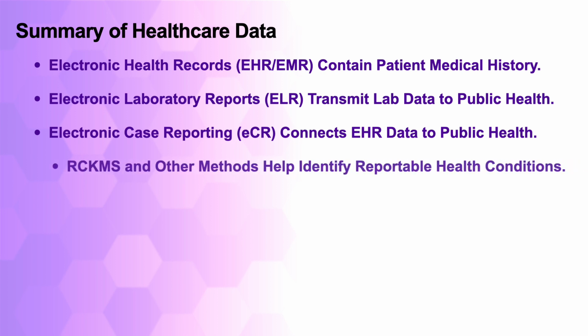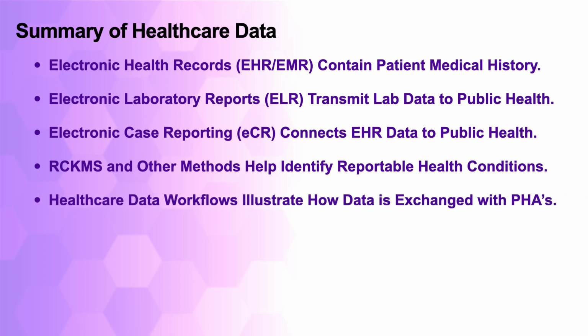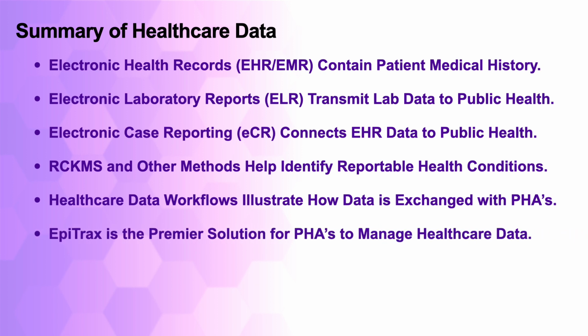Healthcare entities utilize services like RCKMS to identify conditions that are reportable to public health. The healthcare data workflow diagram illustrates the relationships between these components as data flows from patient to PHA. Lastly, we discussed the features and benefits that make EpiTrax the premier solution for those PHAs as they manage the healthcare data to effectively respond to the needs in their communities.